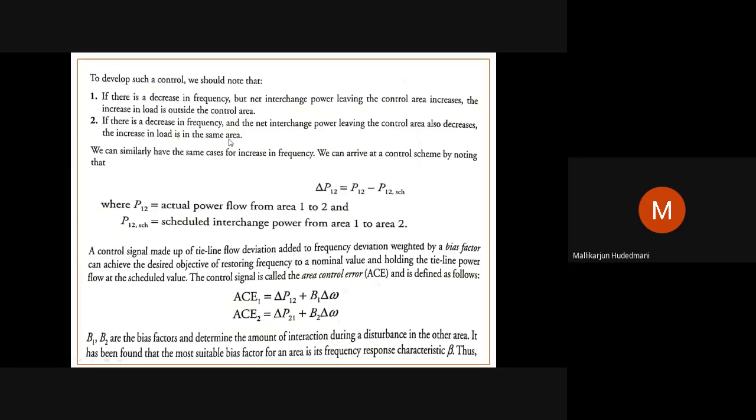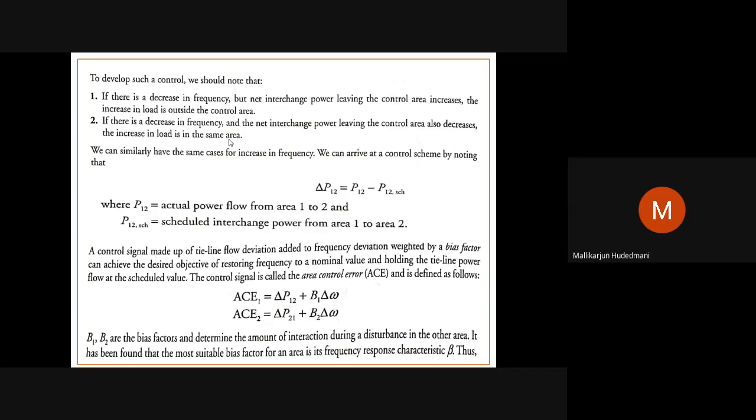We can bifurcate from the observation that a decrease in frequency of a particular area occurs in two ways. One is due to its own load, there could be a drop in frequency. That's correct. There could also be a drop in frequency due to somebody else's load. These two parameters must be considered in our design.